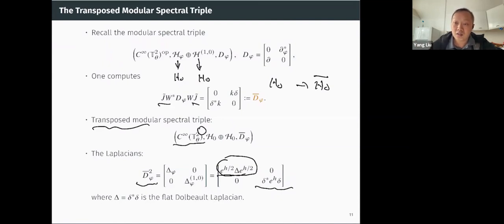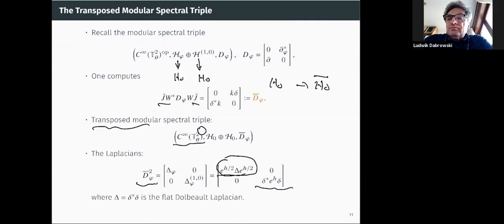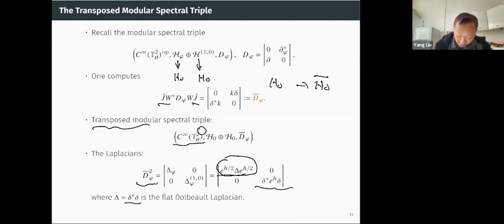Okay, thanks. By the way, the Laplacian in the flat case is like delta 1 squared plus delta 2 squared, so very simple, isospectral to the commutative case.